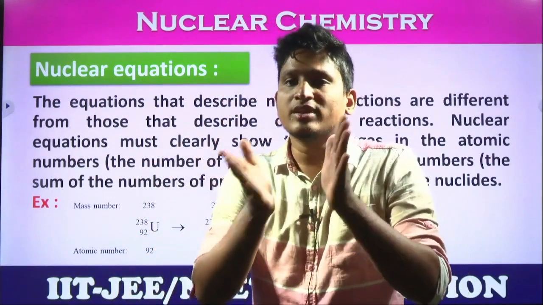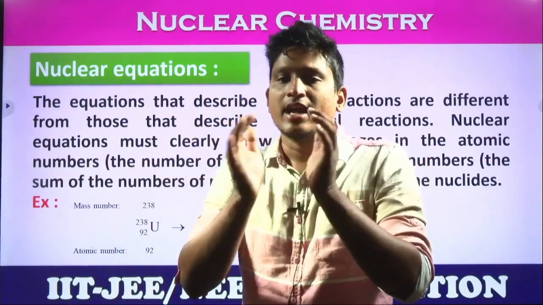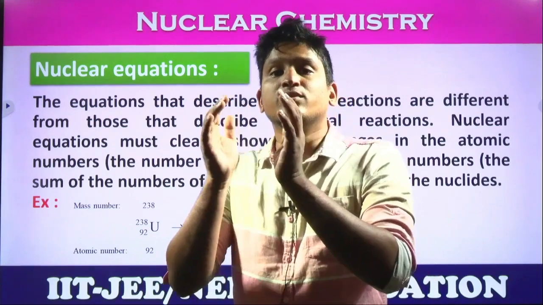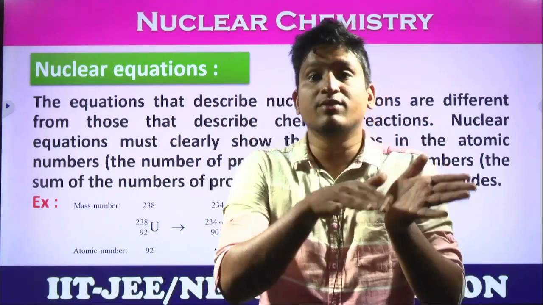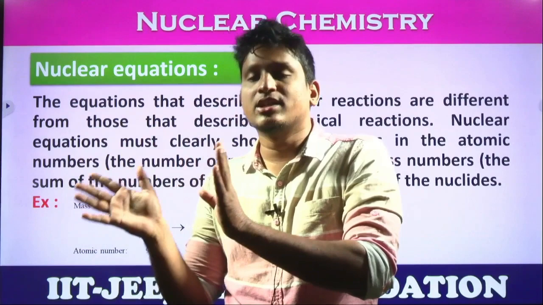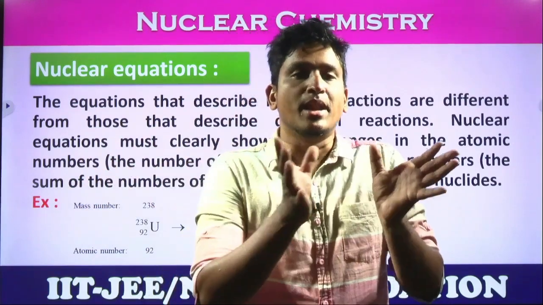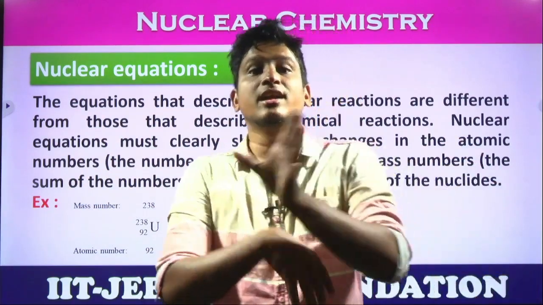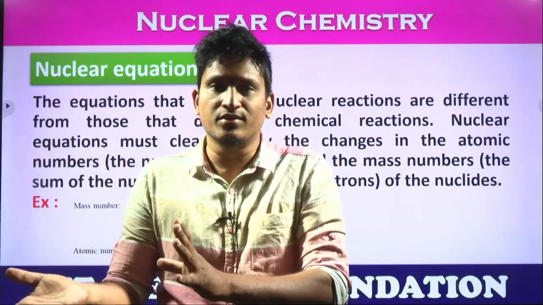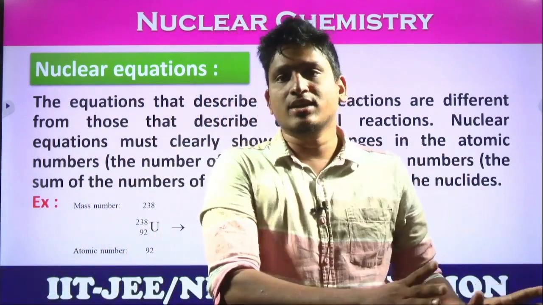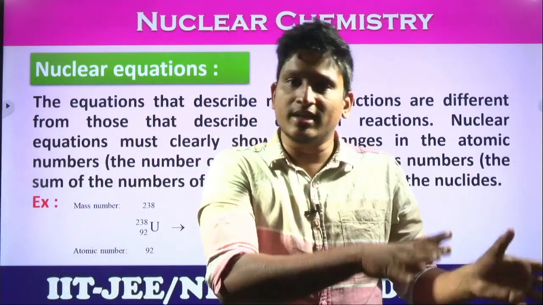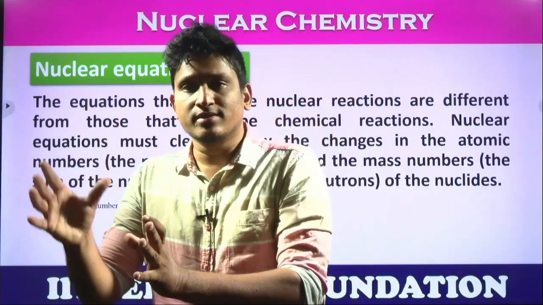Ultimately, the atomic number before the reaction equals the atomic number after the reaction. The atomic number, I mean the number of protons before the reaction, is equal to the number of protons after the reaction, yes or no. The mass number before the reaction, that means the number of protons and neutrons before the reaction, is equal to the number of protons and neutrons after the reaction.